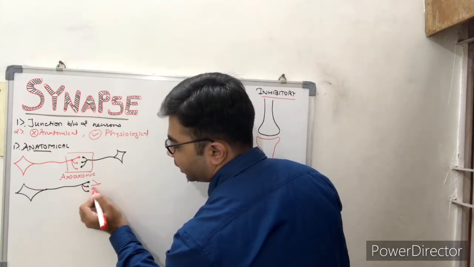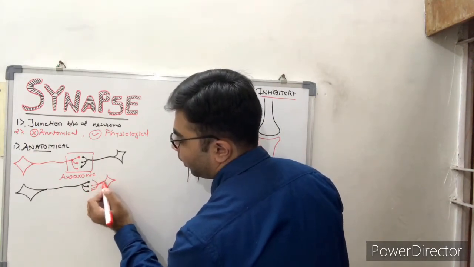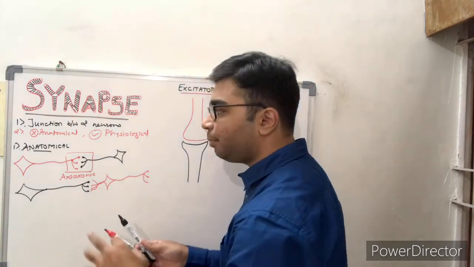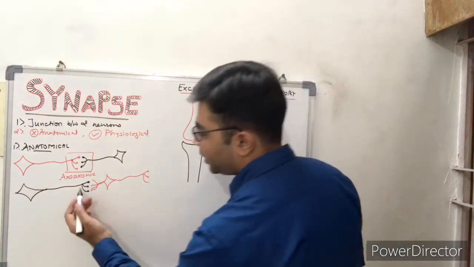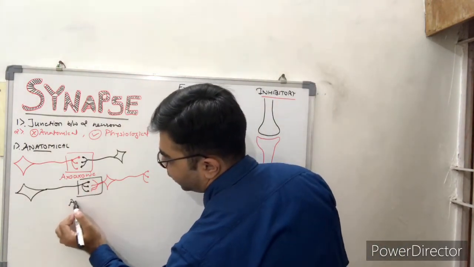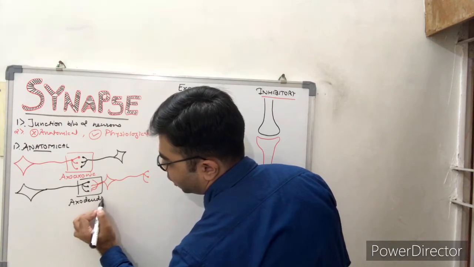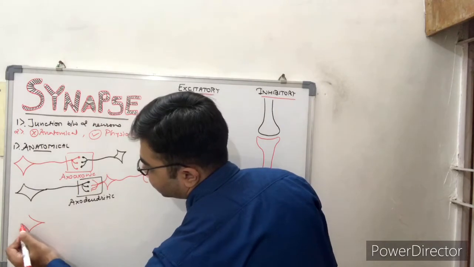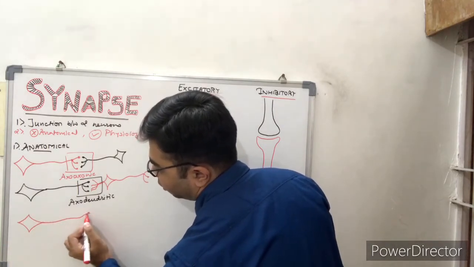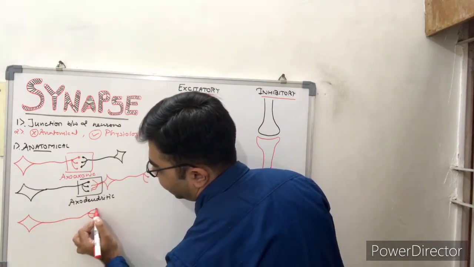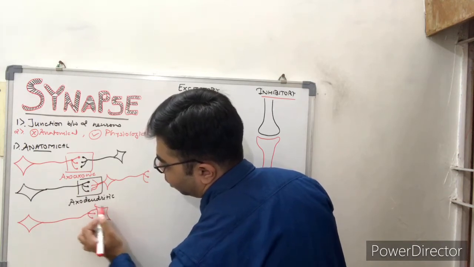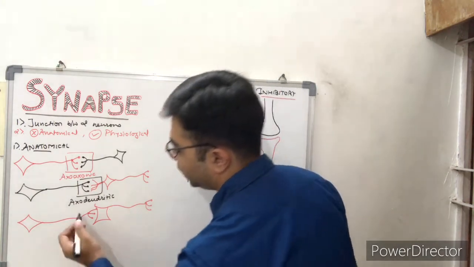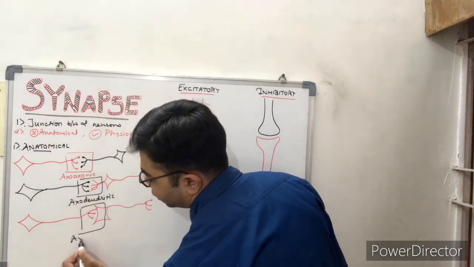These are the dendrites of the other neuron. This type is known as exodendritic. And the third one, neuron number 1, where the axon is ending over the soma of another neuron. This is the third type, known as exosomatic.